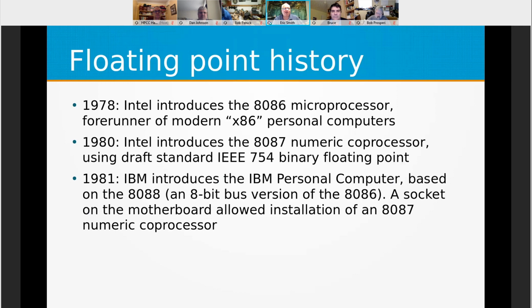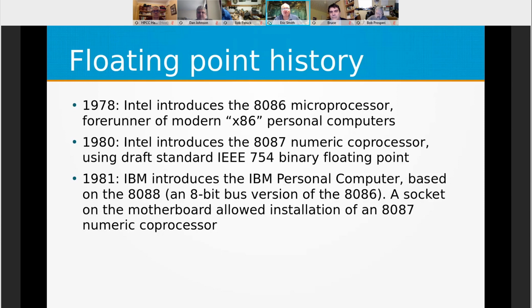The year after that, IBM introduced the IBM personal computer. Most of us now use computers that are compatible with it, and trace their lineage back to that. It used the 8088, which was an 8-bit wide bus version of the 8086, so not exactly the 8086, but very, very close.